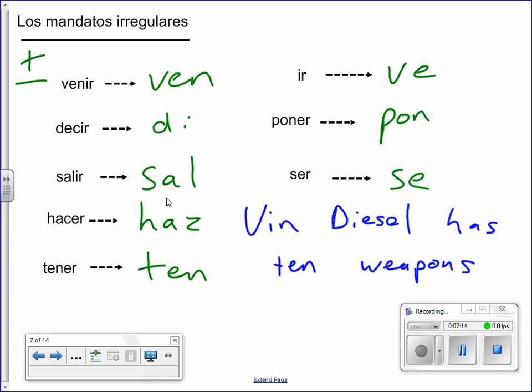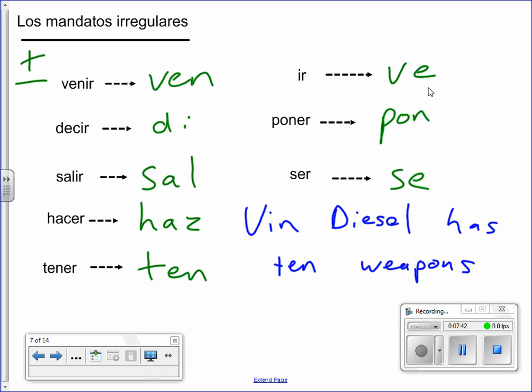Hacer, to do or to make, haz, H-A-Z. Haz la tarea. Tener, to have, ten. Ten cuidado, be careful or have caution. Ten paciencia, have patience. Ir is ve. Ve a la oficina, go to the office.